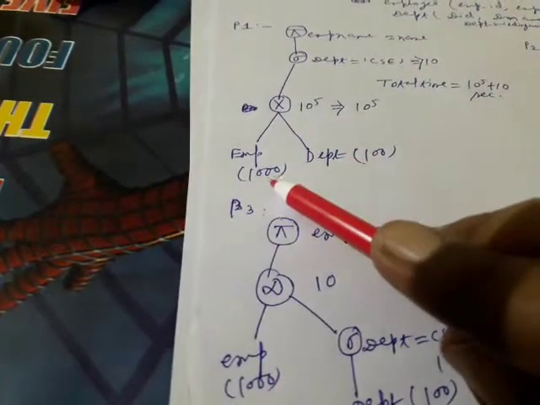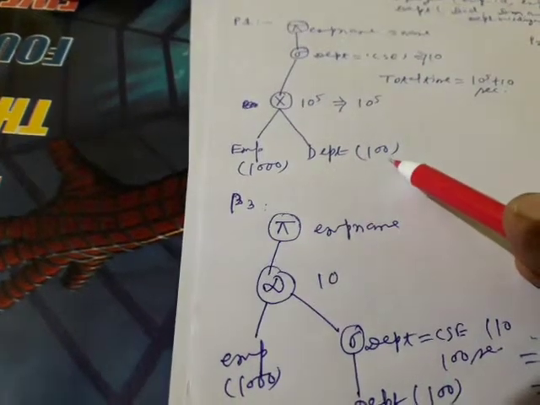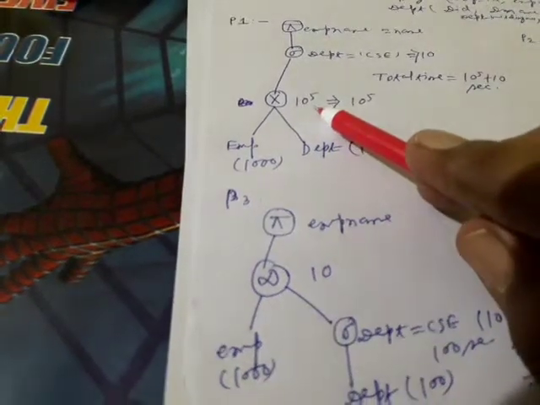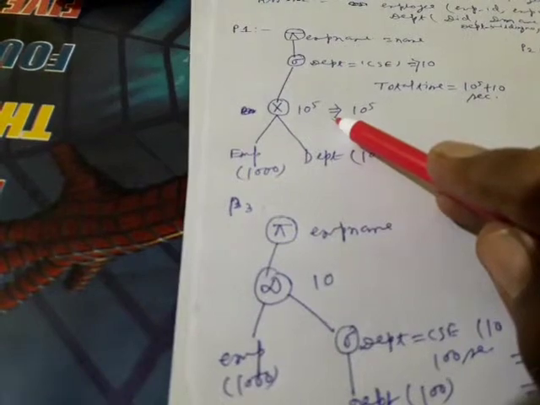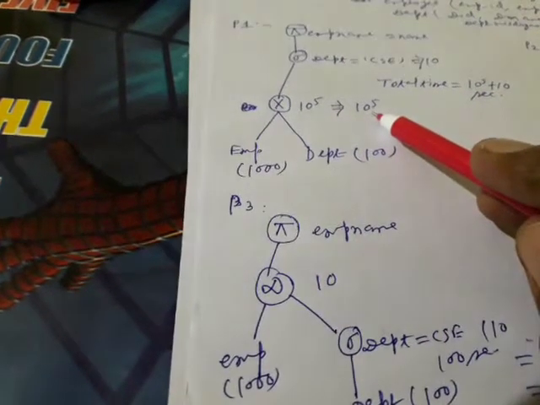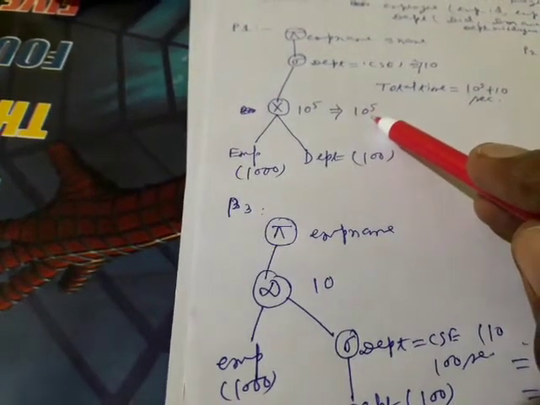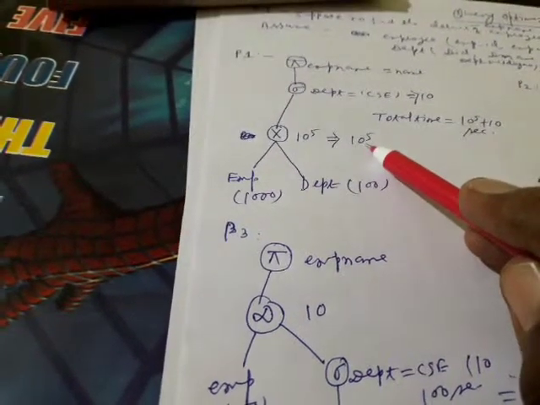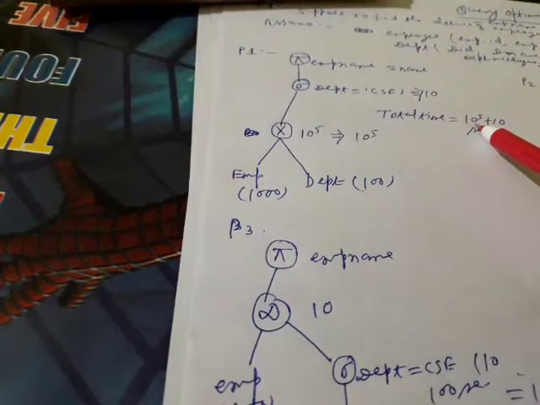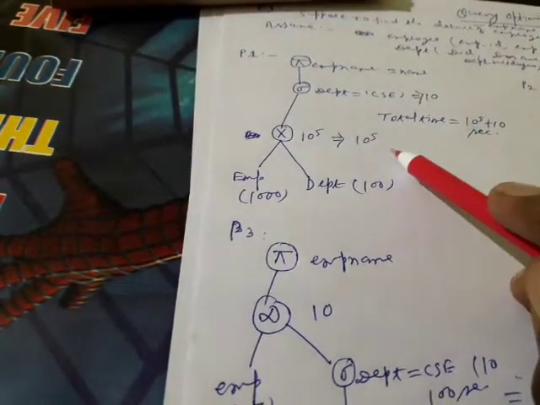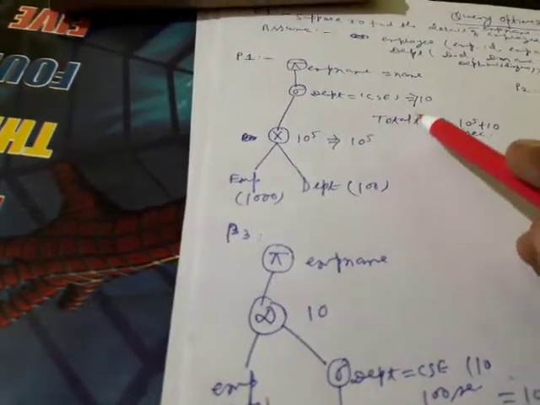So if I multiply 1000 and 100, it becomes 10 to the power 5. Suppose 10 to the power 5 records will appear, and I assume that for one record it will take 1 second of time. And for that, if I want to find the CSE department, it will take 10 to the power 5 seconds. For every record we have to access and match with the CSE and then retrieve those records.